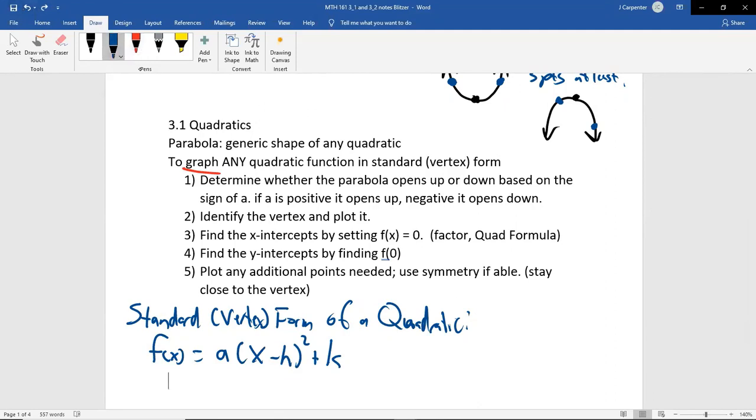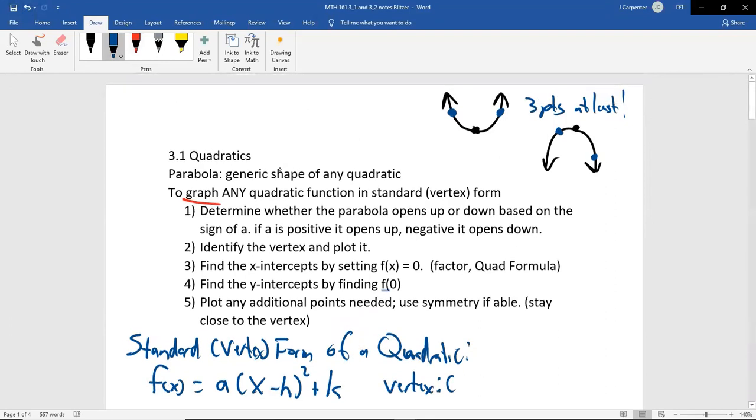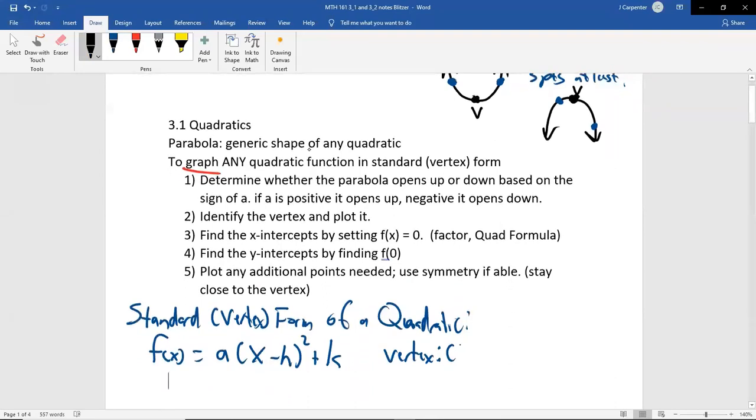The h and the k relate to the vertex, which is that black point up here. So I'm going to do V for vertex. The vertex is either the highest or the lowest point of a parabola. And it is always h comma k when we're using h and k in this manner.